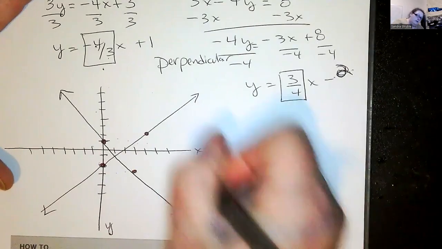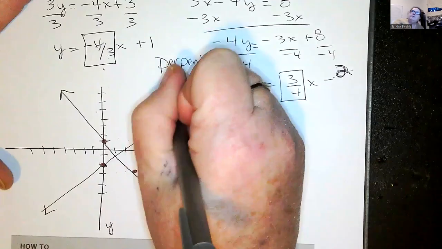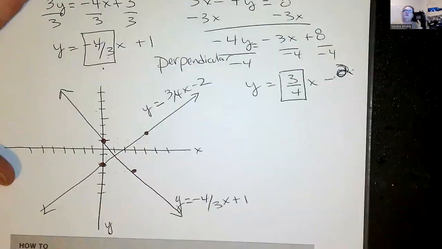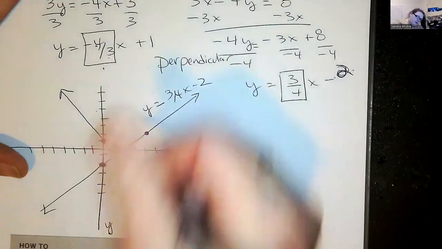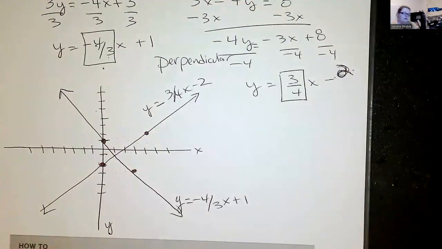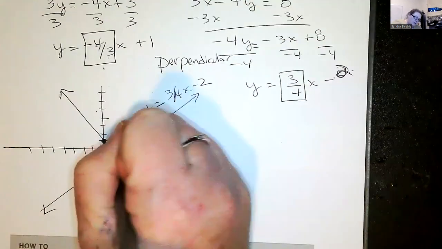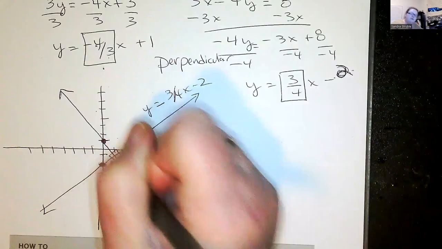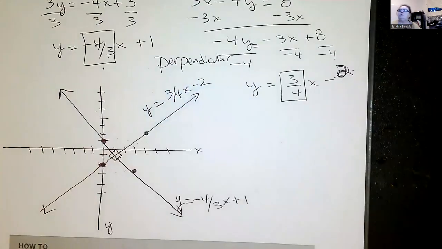And y equals 3/4 x minus 2. All right, so that's it. These are perpendicular. You can tell they look pretty perpendicular, even with it being freehand drawn. But you also now have learned the other way.